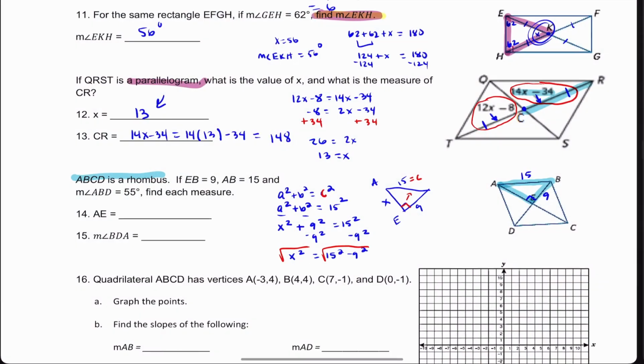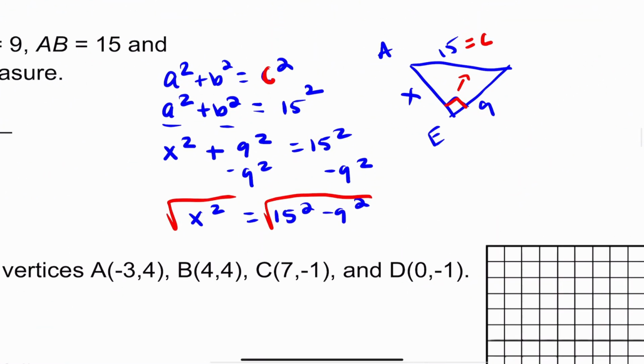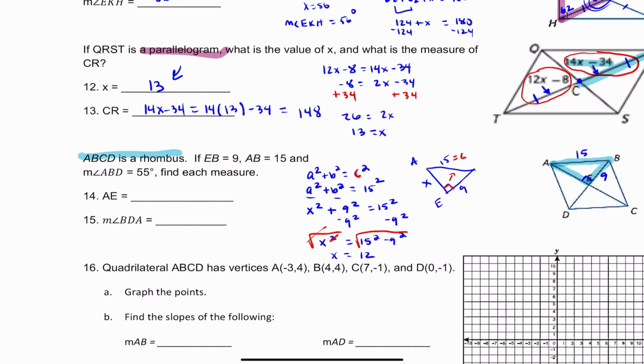So that's the answer. So the square root and the exponent 2 go away, so I get x equals 12 from the calculator. So what does that mean? That means that this is 12, that is 12, and that is the measure that I'm looking for. AE is 12, okay? So that's 12.